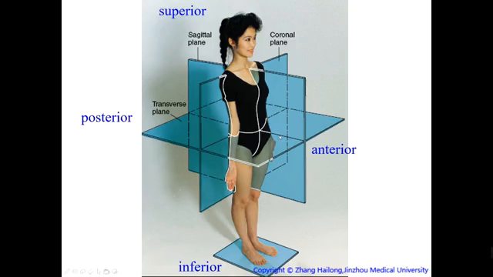This one from anterior to posterior, let's draw it. What's the name? Yes, sagittal axis. This one from left to right, coronal axis. The third one from top to bottom is the vertical axis.